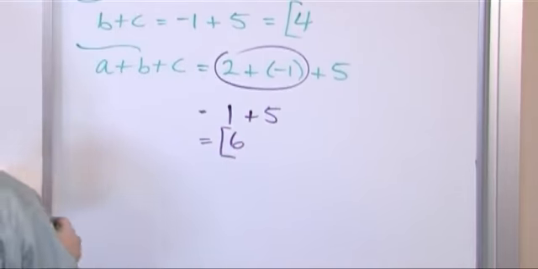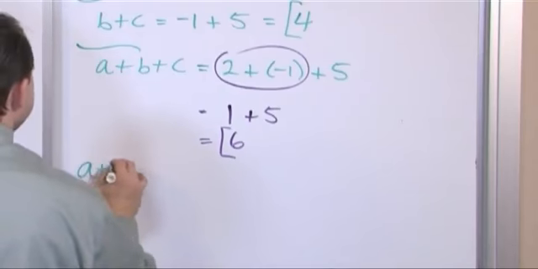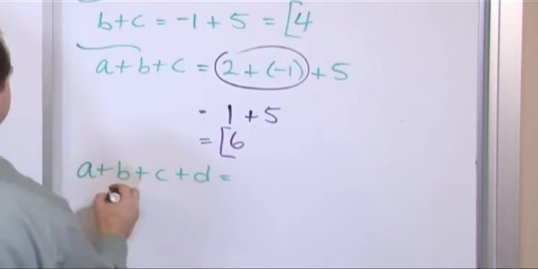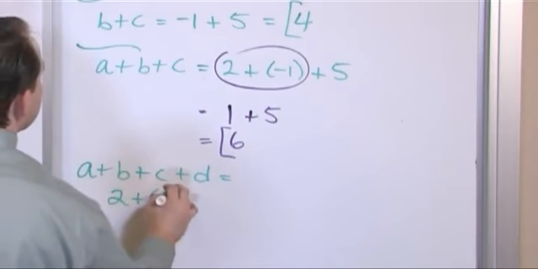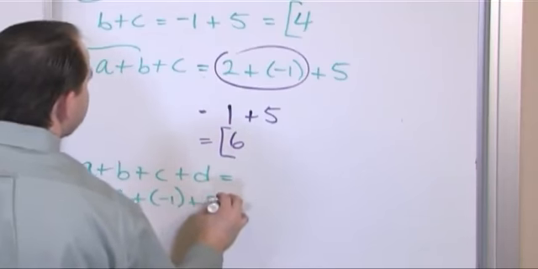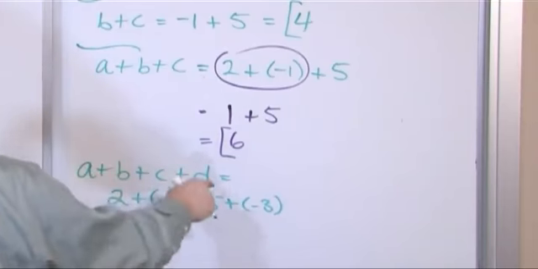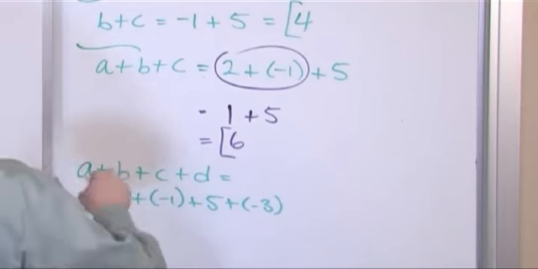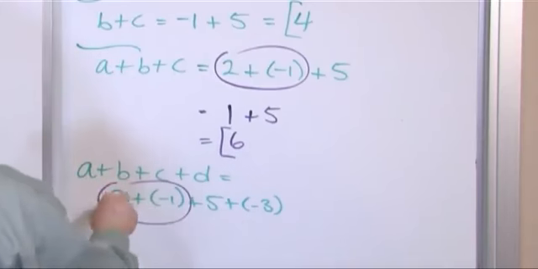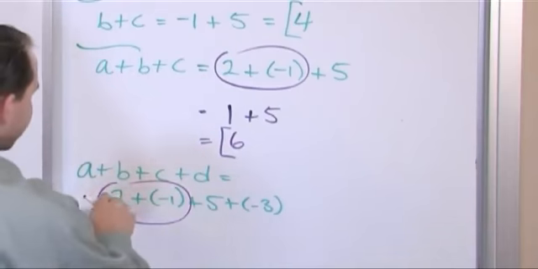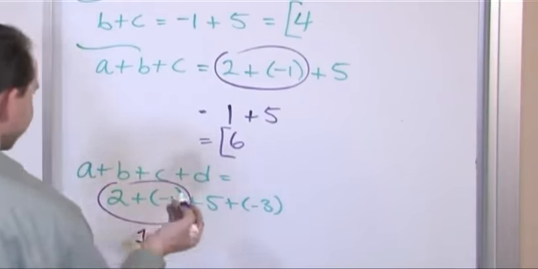And then if you had something like A plus B plus C plus D, you guessed it, it's nothing different. 2 plus -1 plus 5 plus -3. Literally all you do is put in the numbers for each of these letters, and then you deal with it. So we already figured out a minute ago that 2 plus -1 is +1, and here's a different way to do it.